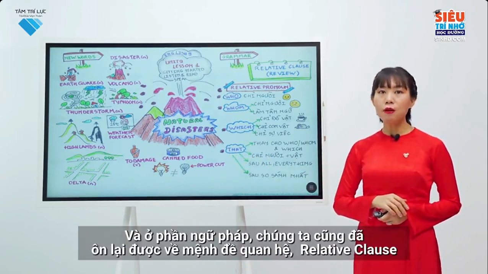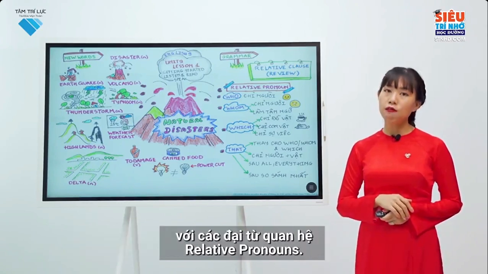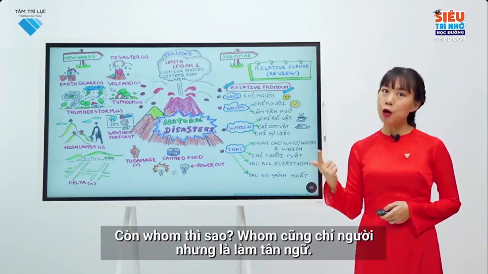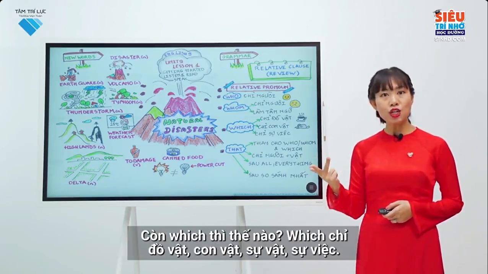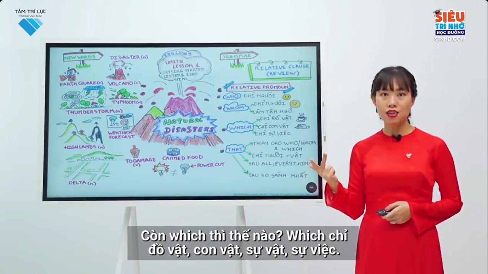And about grammar, we have revised the relative clause with relative pronouns. That is who. Do you remember what who is used for? Who is used for humans. What about whom? Whom is also used to indicate humans as objects. What about which? Which is used for objects, animals, things, and phenomena.